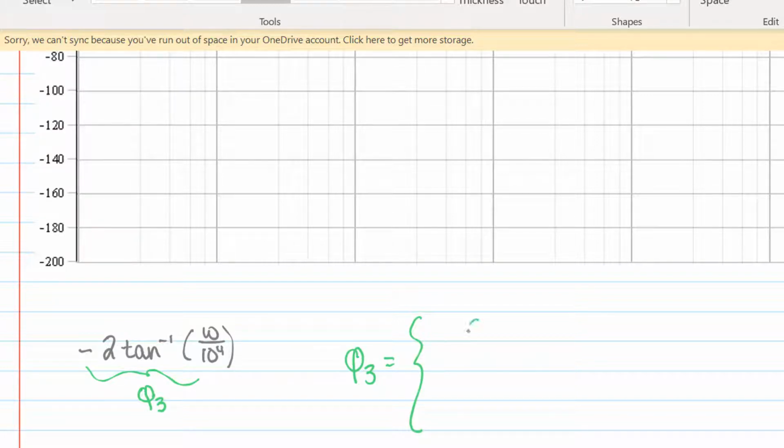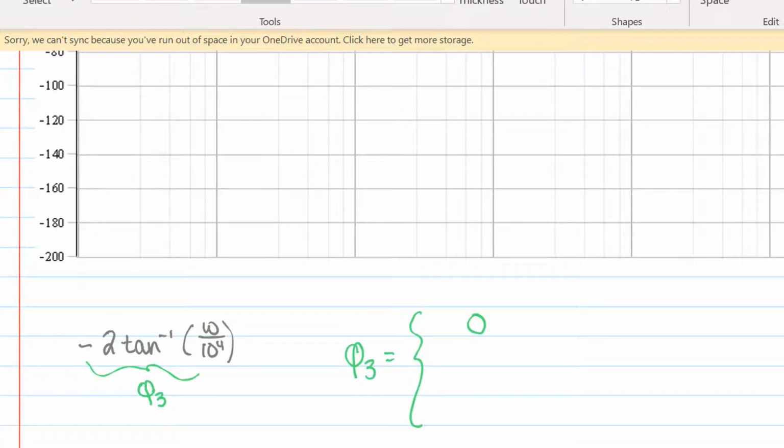Well, first we're going to worry about when it's 0, and then when the inverse tangent part gives 45, but we're going to multiply that by -2, and when the inverse tangent part gives 90. Okay, so when is it 0? When the numerator is less than or equal to 1/10 of the denominator. So it's 0 when omega is less than or equal to 10 to the 3rd.